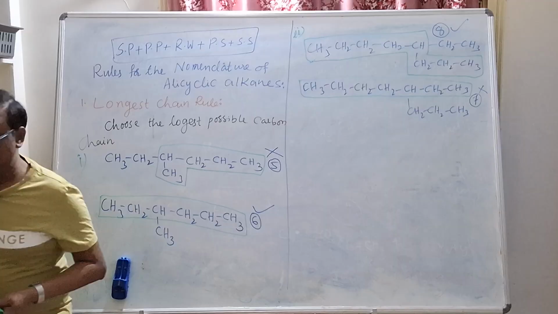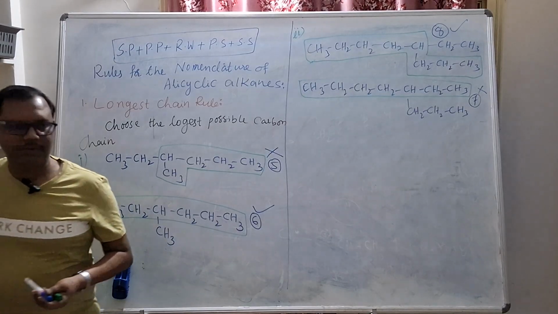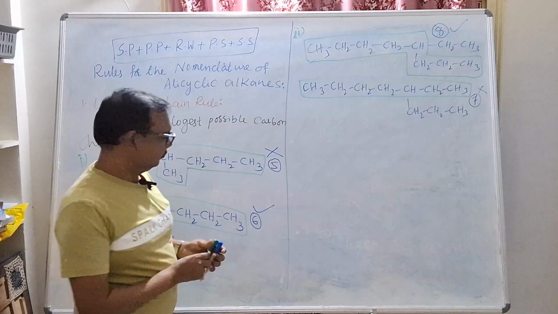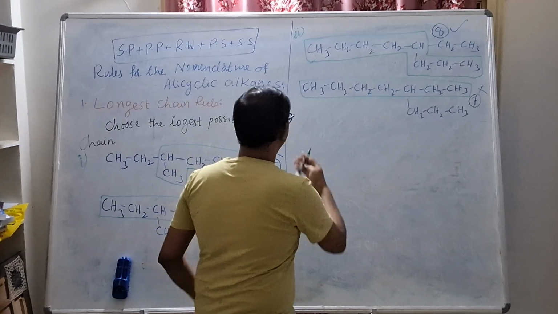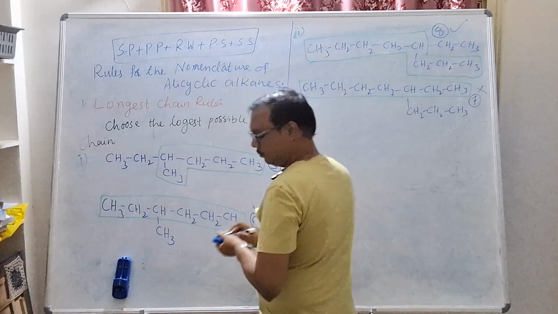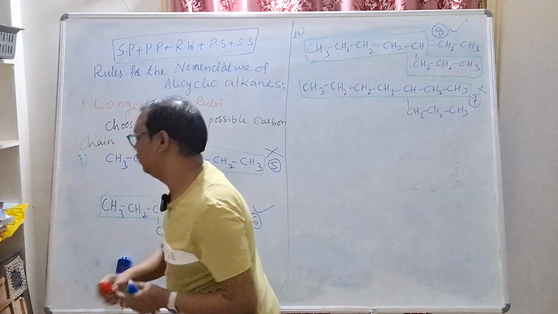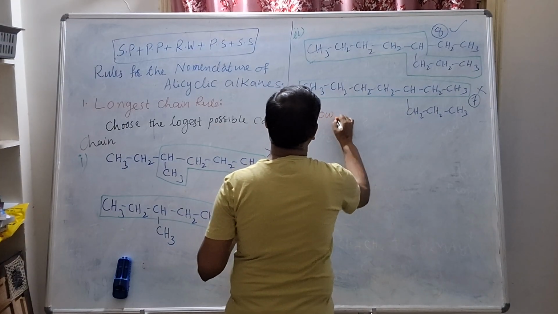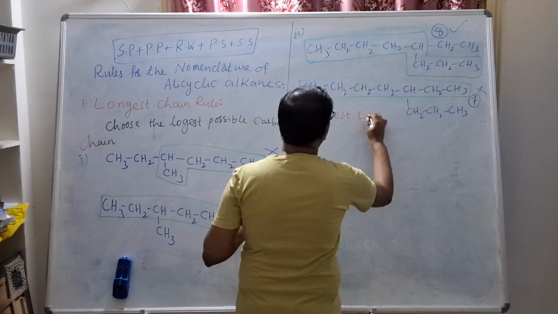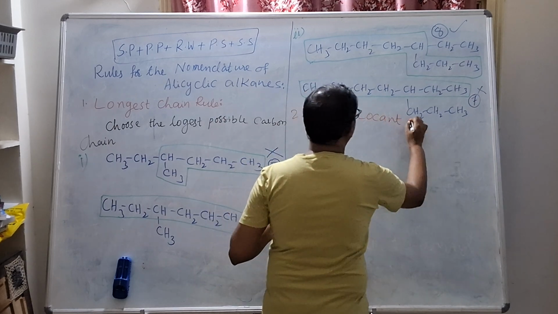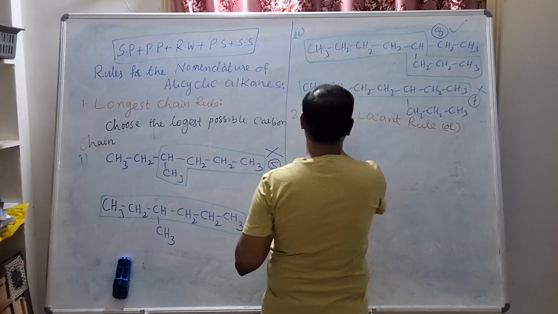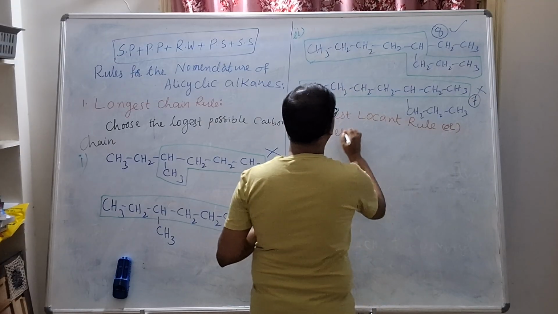All right. The next one here, if you observe, is the lowest sum rule. The second one here is the lowest locant rule, or lowest number rule.